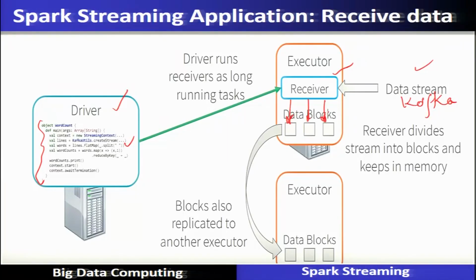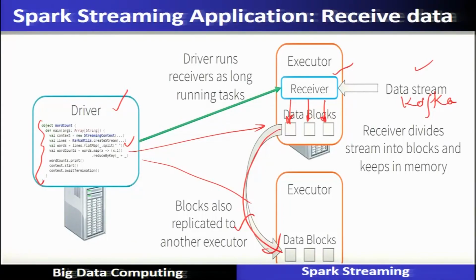Then it will assign the flatMap task on these executors. These data blocks are to be replicated onto the other executor. Replication is required for achieving fault tolerance of these data blocks.